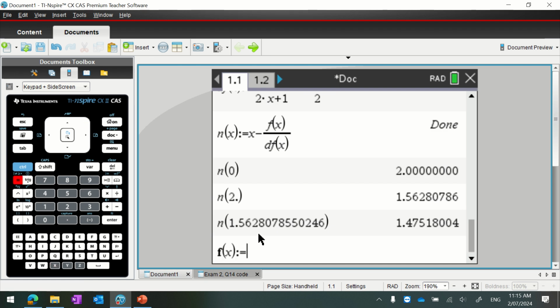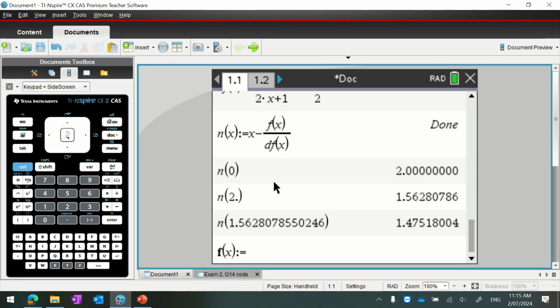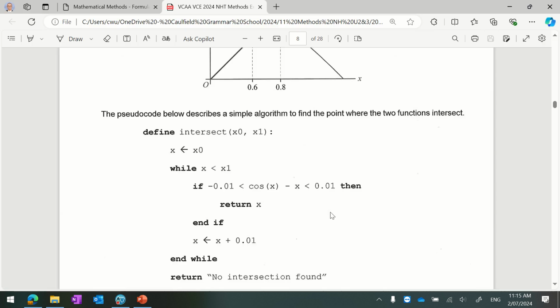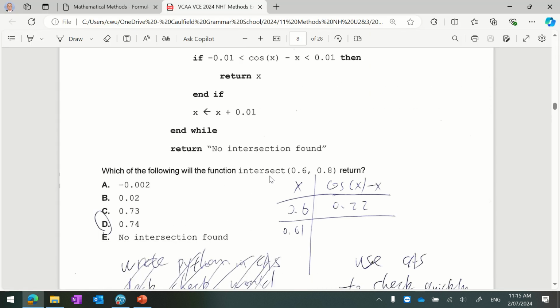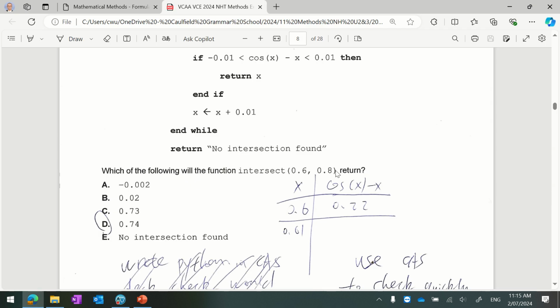Which means I can define the function that the pseudocode is checking, which is cos x minus x. Also, at this point, I'm going to check my radian, make sure it's correct. And then, if the pseudocode gets to 0.73 first, I'm going to look at this and go, okay, the pseudocode is going to go 0.73, and it's going to check the y value, 0.015.